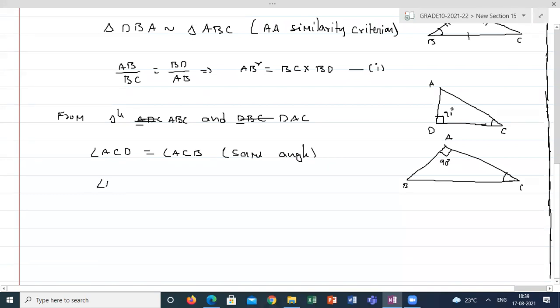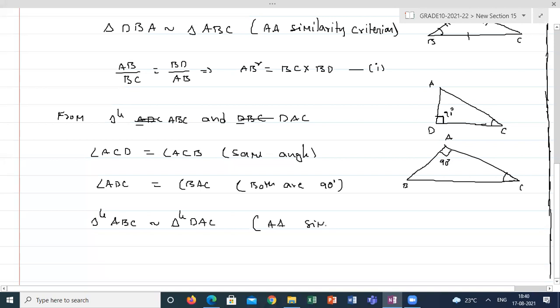And angle ADC will be equal to angle BAC, both are 90 degrees. So triangle ABC is similar to triangle DAC by the AA similarity criterion.